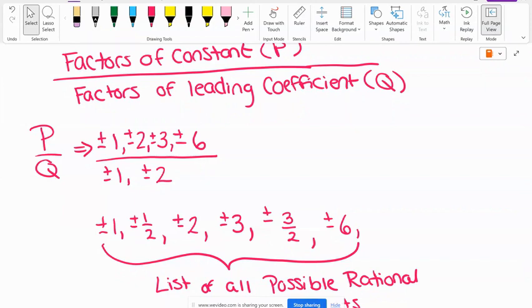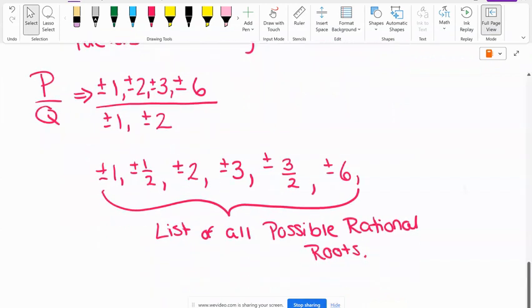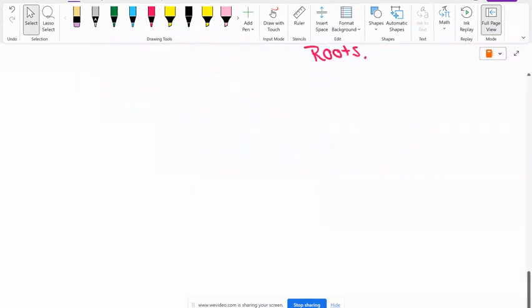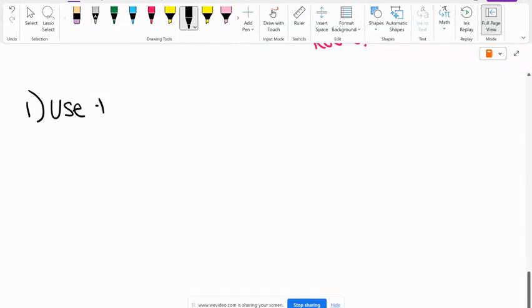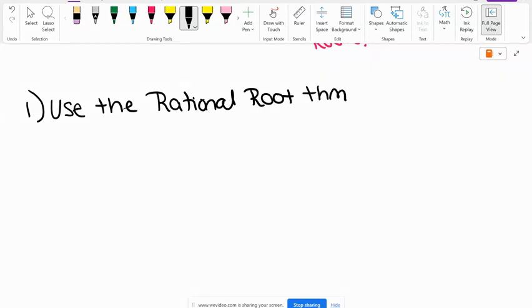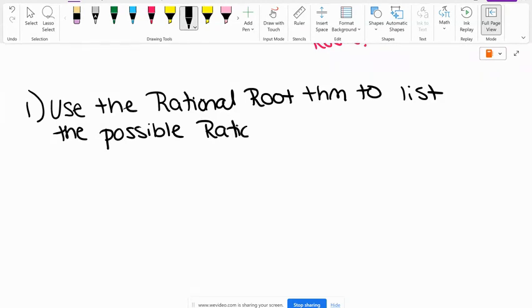All right, let's do a problem. So I want us to use the rational root theorem to list the possible rational roots, then find the factors.